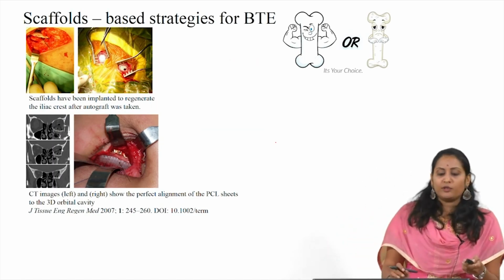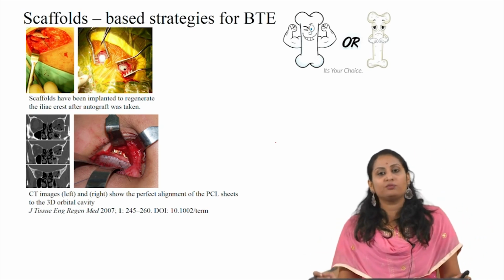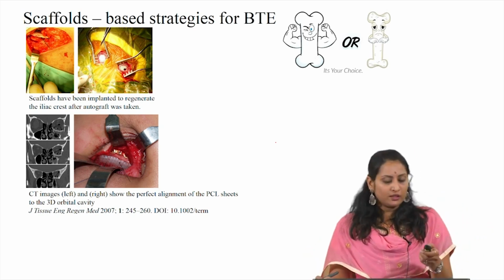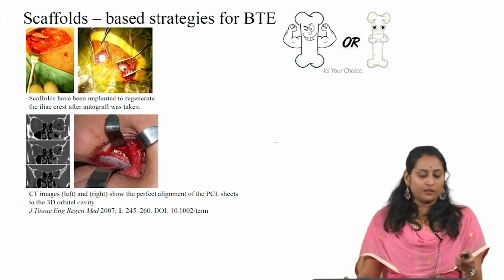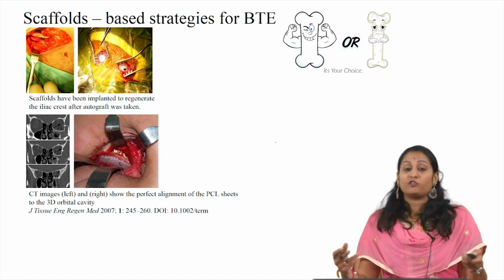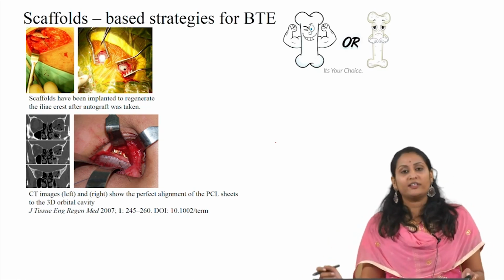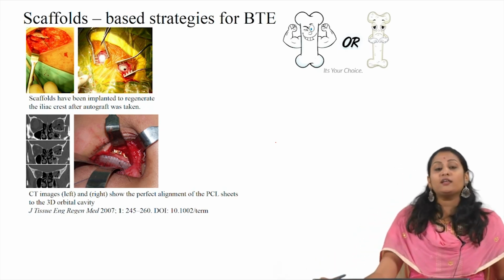From here there will be a few graphical images just for teaching purposes. You should be aware of these graphical images, which are taken from the literature, for knowing about the information on what they have done for scaffold-based strategies.